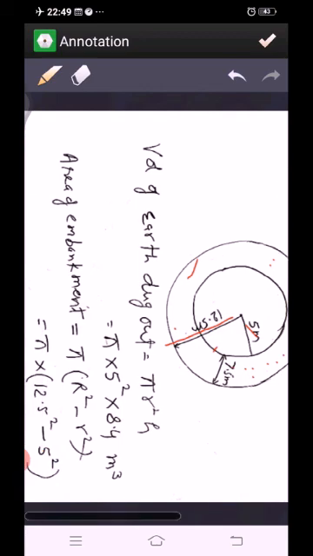So volume of earth dug out, that is pi r square h, simple cylinder it is. So pi r square, that is 5 square, and depth is 8.4, that much meter cube. Then area of embankment, that will be pi capital R square minus small r square, that is area of ring.